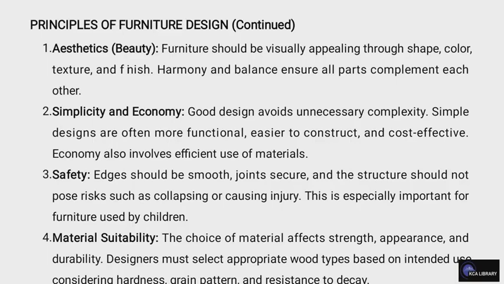Economy also involves efficient use of material. Another principle is the safety principle. That is, edges should be smooth, joints secure, and the structure should not pose risk such as collapsing or causing injury. This is especially important for furniture used by children.